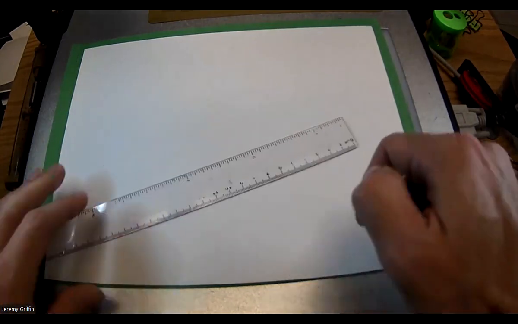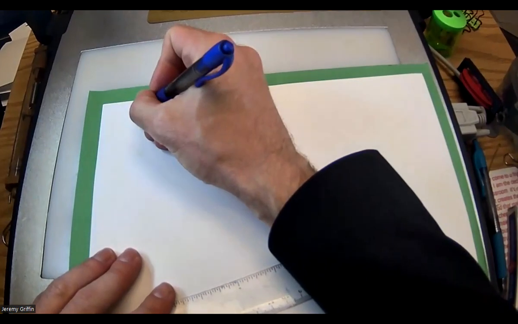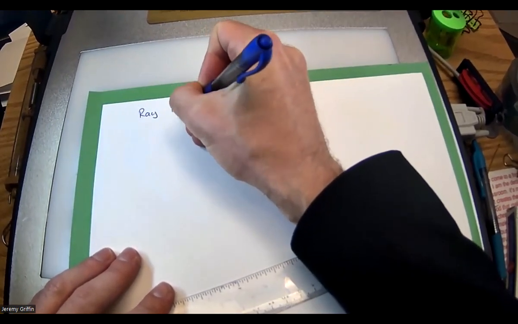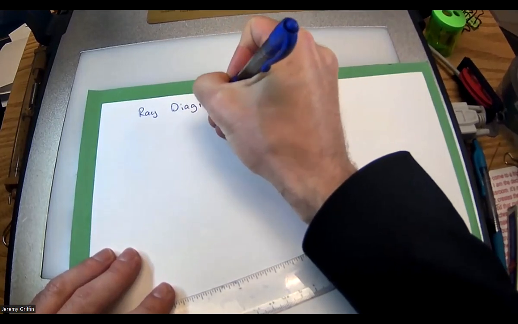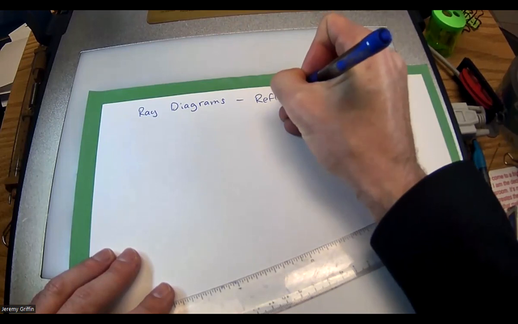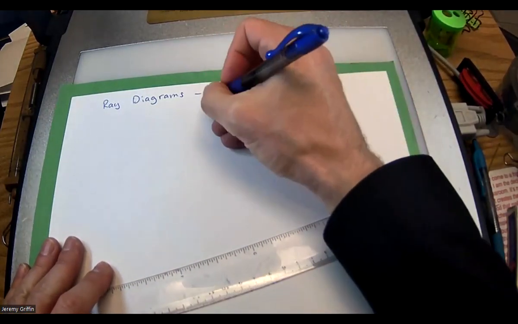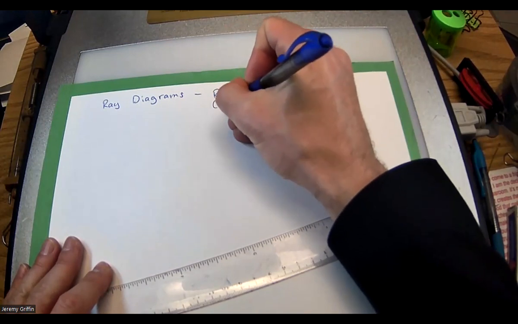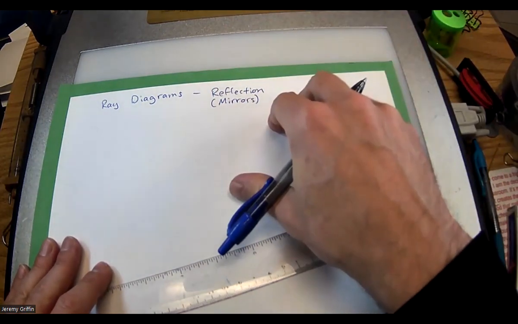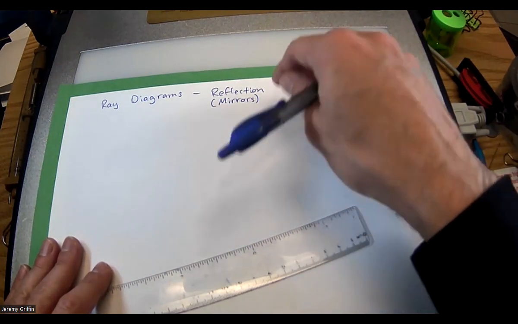Okay. So let's call this ray diagrams, reflection. You guys know reflection refers to mirrors. And on this side of the paper, I'm going to focus on convex mirrors.